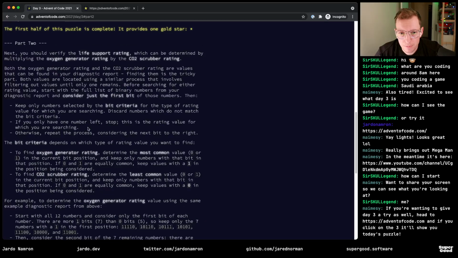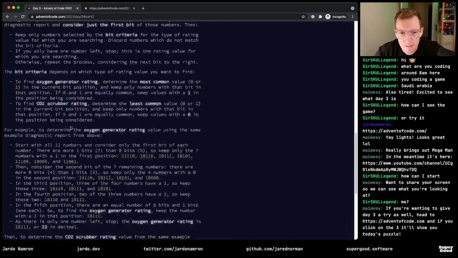So. Common value 0, and keep only numbers with that bit in that position. 0 and 1 are equally common, keep values with 1. Okay, yeah, but we've established we haven't seen that happen.